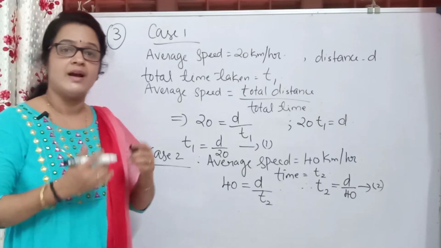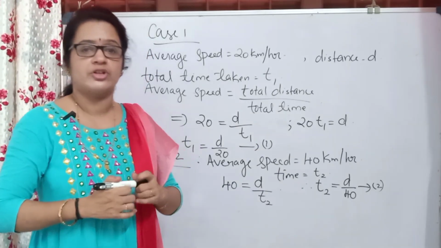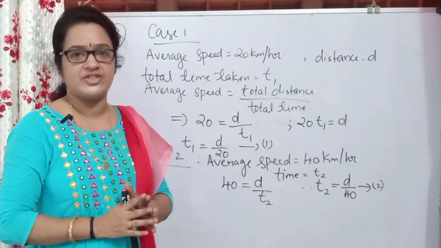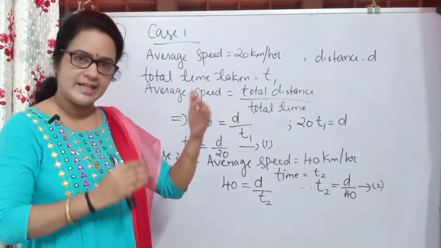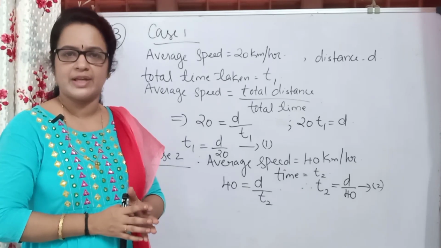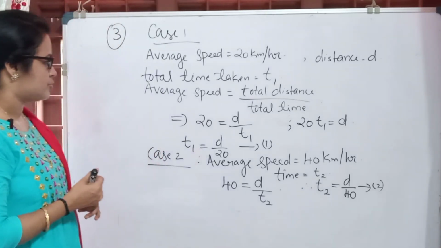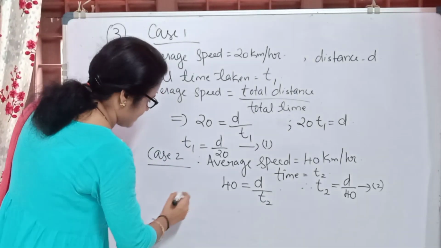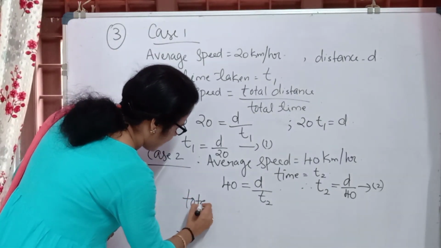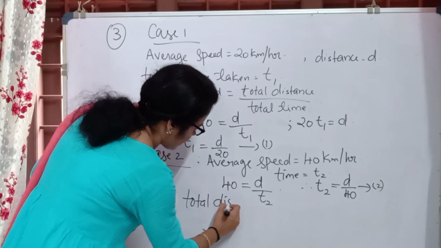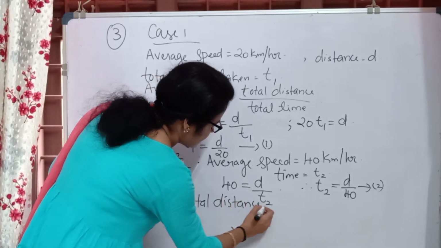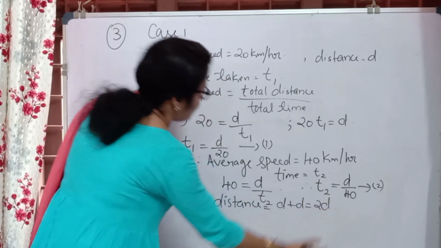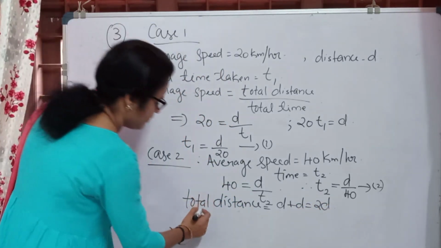Now we have to find the average speed for the total journey. Average speed means total distance divided by total time. Total distance is d plus d, that is equal to 2d, right? What about the total time?